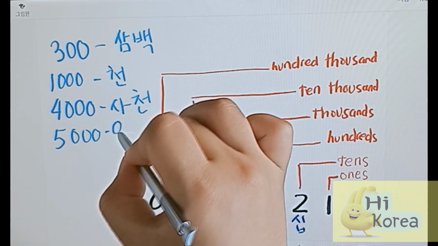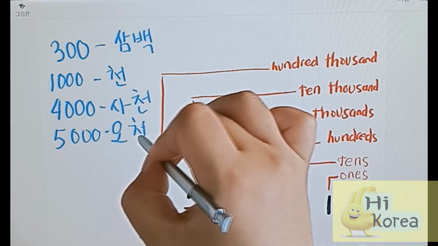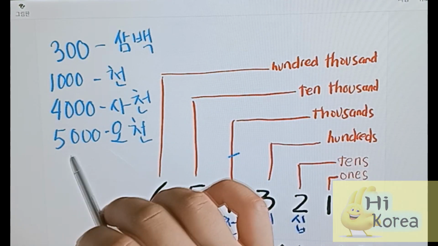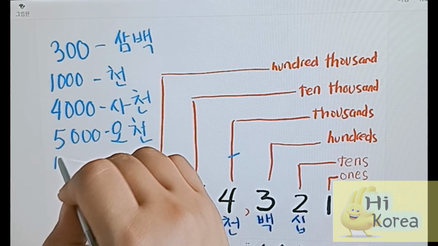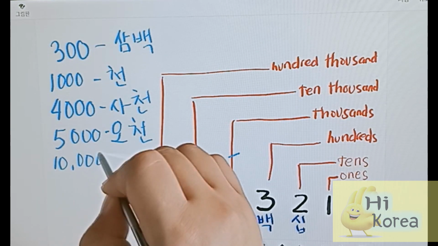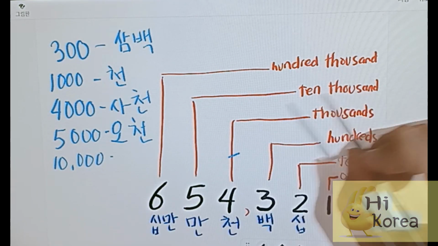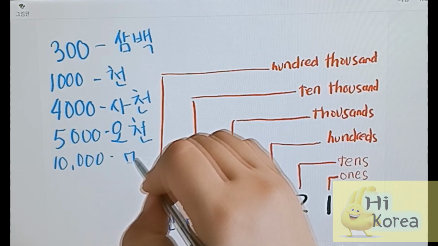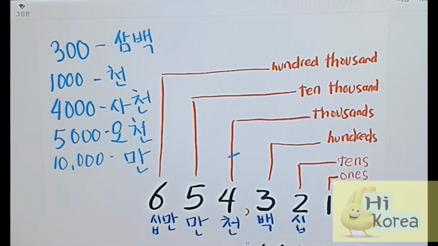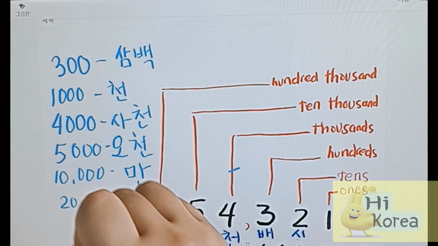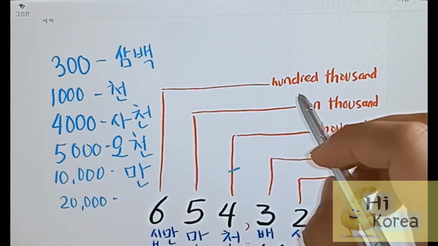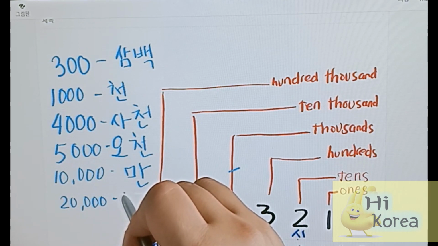So 5천, 5,000. For 10,000, 만. So for 20,000, 2만.